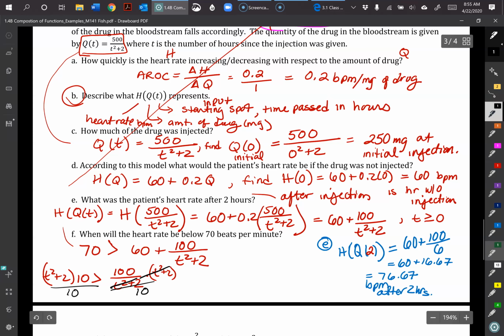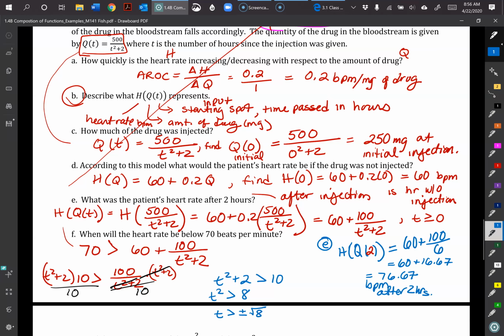And we will get T squared plus 2 is greater than the 100 divided by the 10, which would be 10. And then we get T squared must be greater than 8. So then we have T is going to be greater than plus or minus the square root of 8.